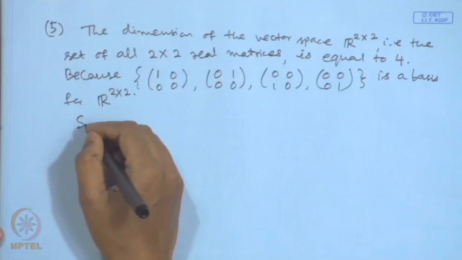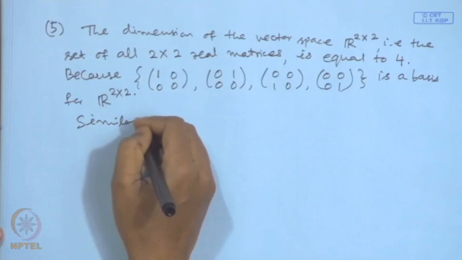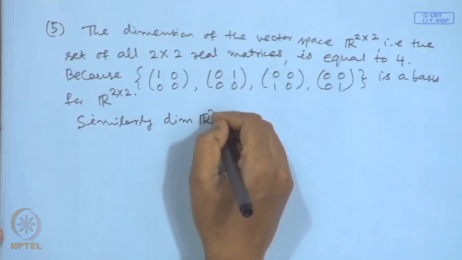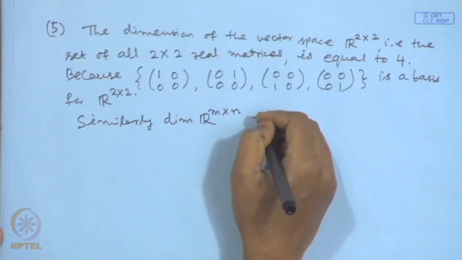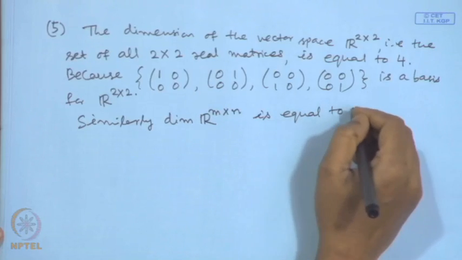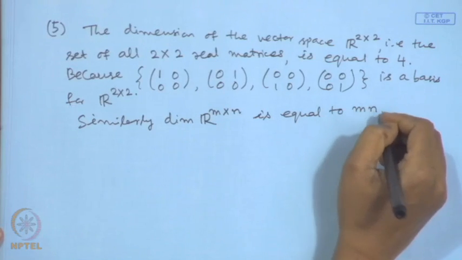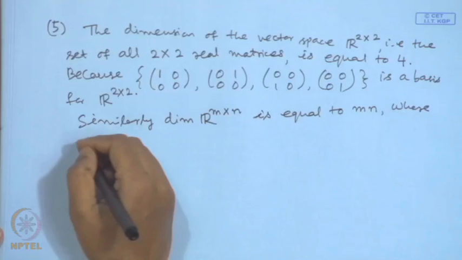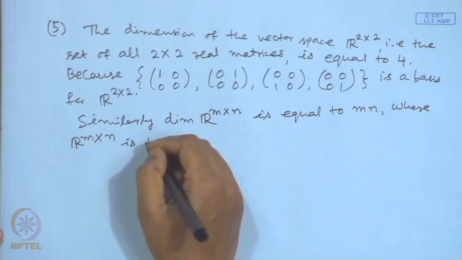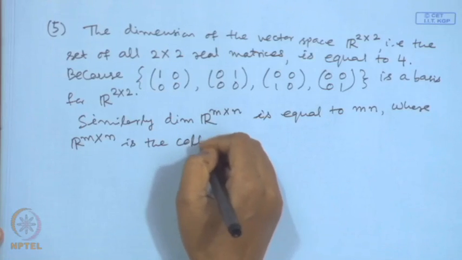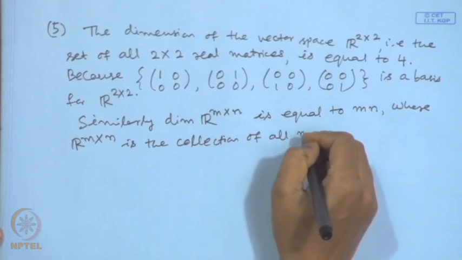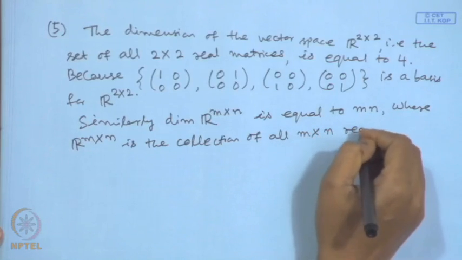Similarly, the dimension of R m cross n is equal to mn, where R m cross n is the collection of all m by n real matrices.